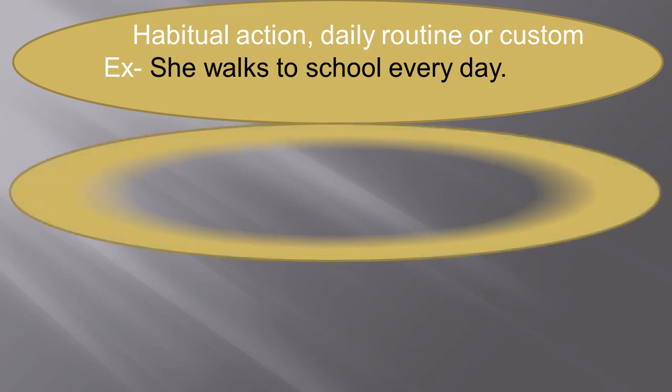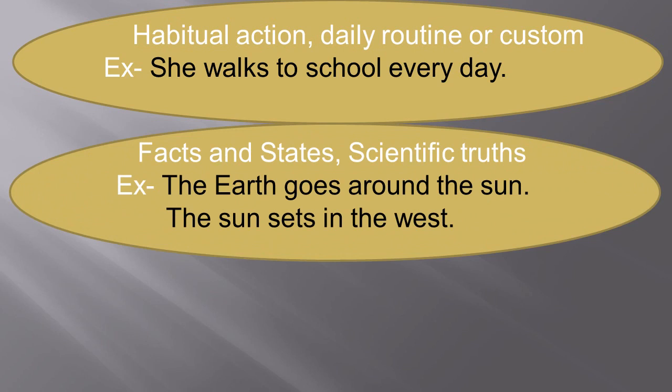Next use, facts and states or scientific truths. That means present indefinite tense is used to describe the scientific truth, the universal truth, the facts which are acceptable throughout the universe. For example, the earth goes around the sun. That is a scientific truth.